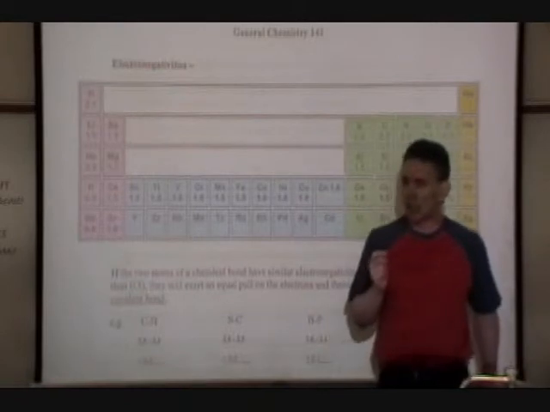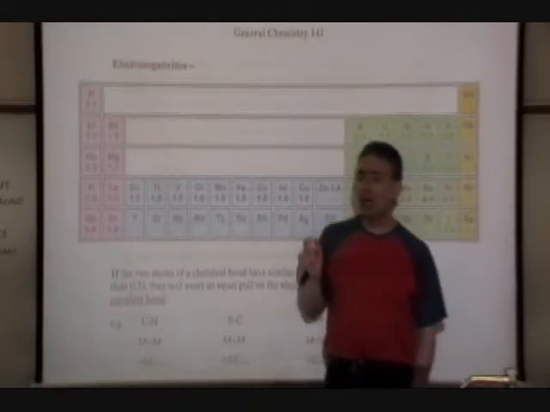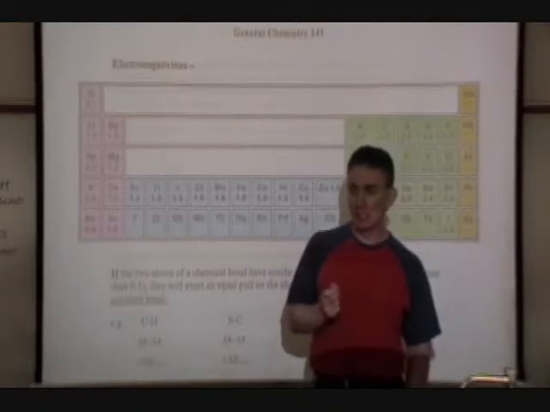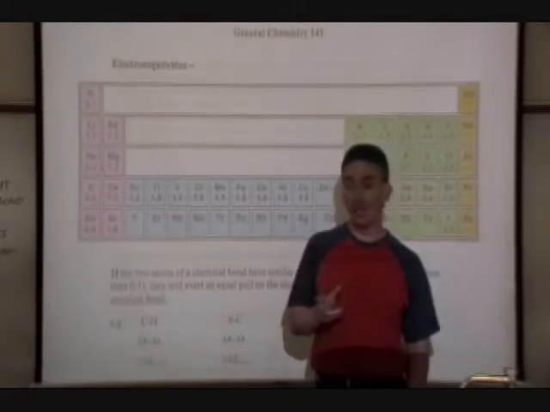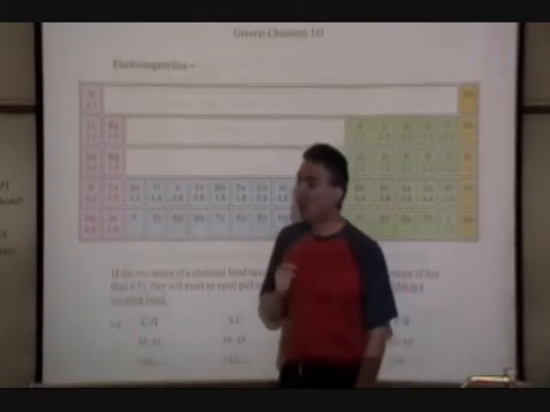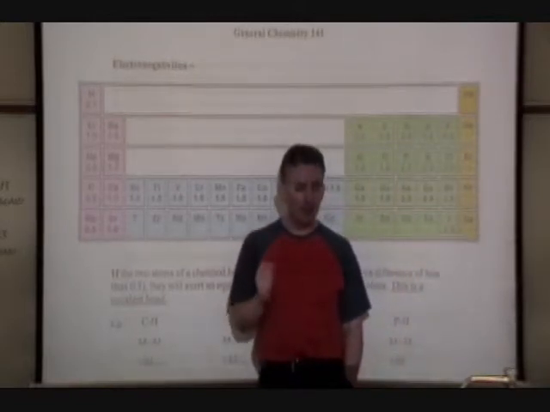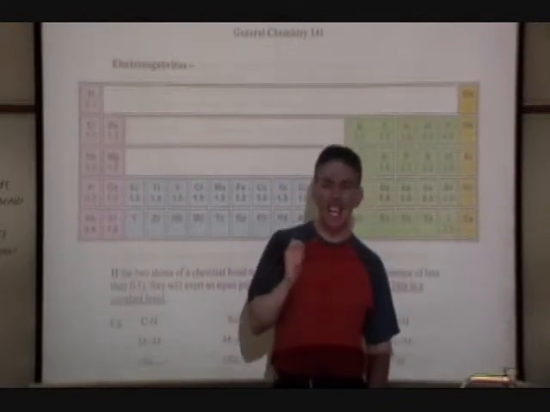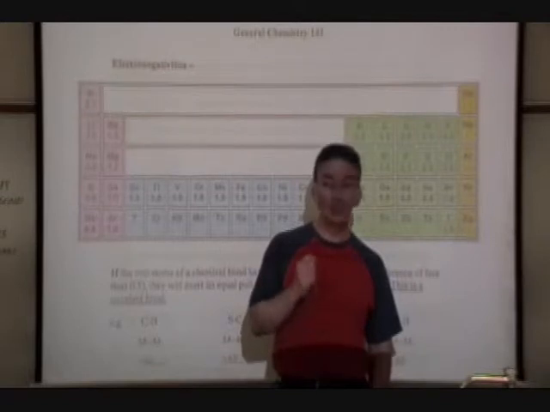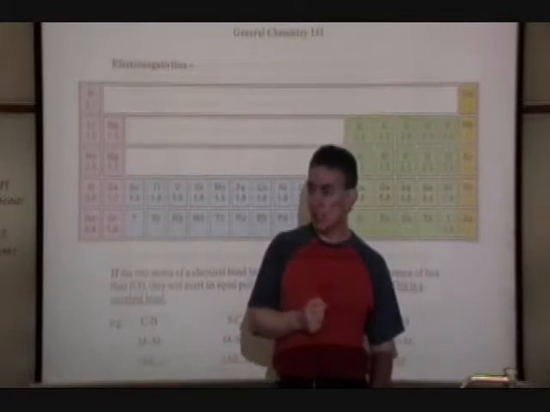So when working out whether we have ionic bonding or we have covalent bonding, we look at the difference in electronegativity of the measured elements. And we say that for elements with a difference in electronegativity less than 0.5, those atoms are truly covalently bonded together.